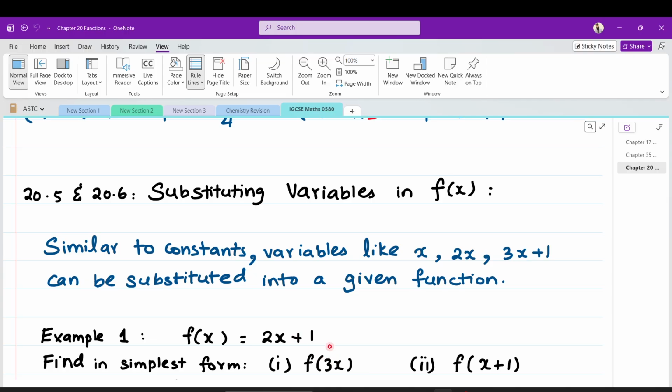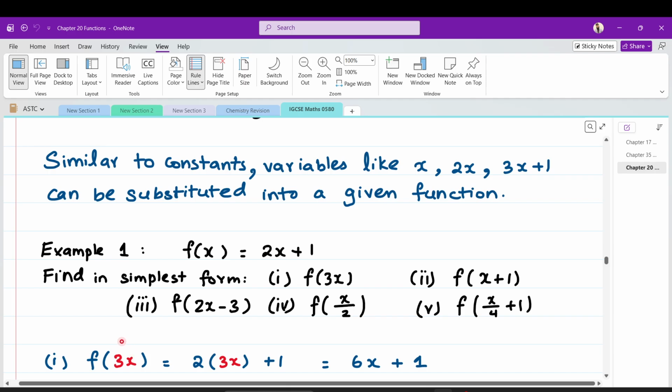So f of 3x means that instead of x over here and x over here, I'm going to write 3x in both of them. So f of 3x is equal to 2 times 3x plus 1. So 2 times 3x means 6x plus 1. That's it. Same exact concept. The only difference is that now you're substituting variables.